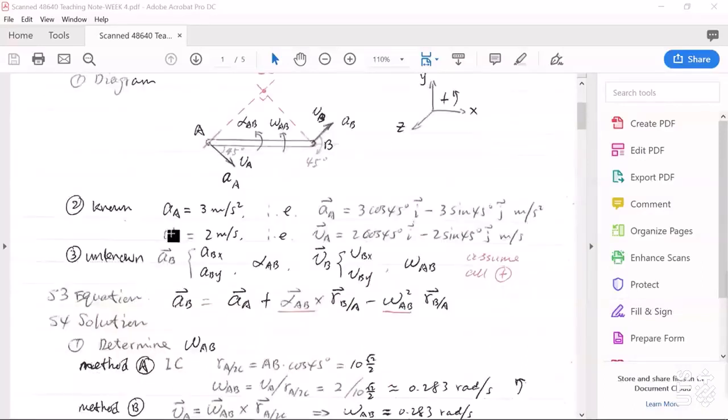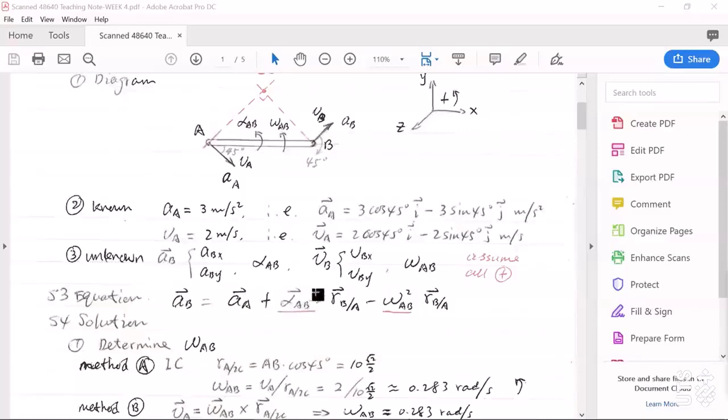Okay, the target is acceleration. The only equation we can use for this acceleration analysis is this one. Here we have two points, B and A, and in this diagram, B and A, where A is our base point.